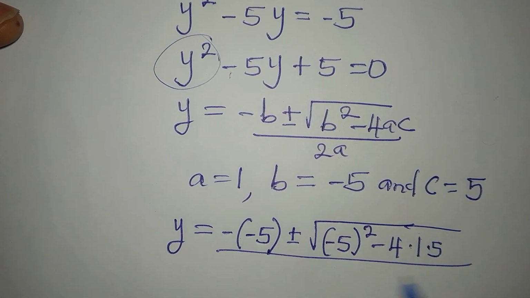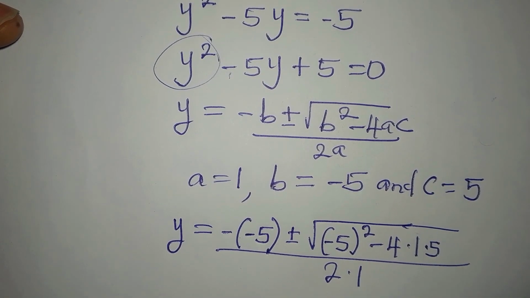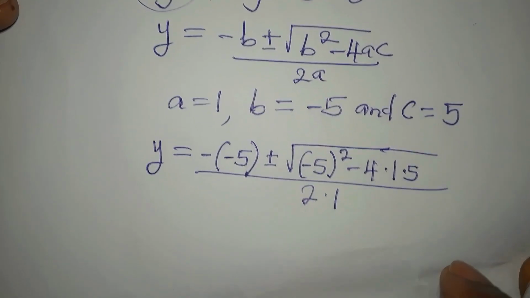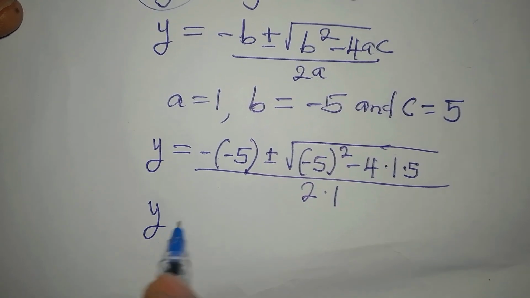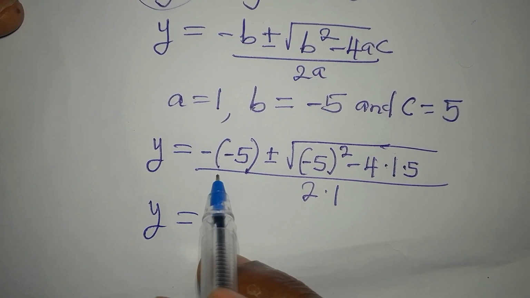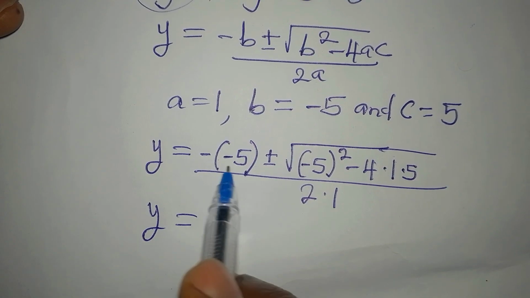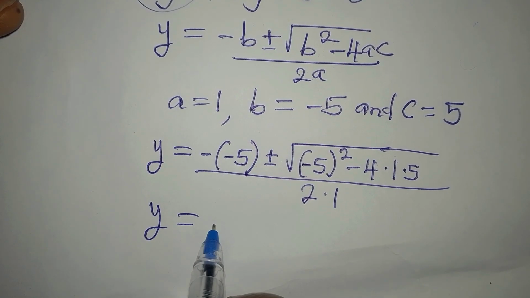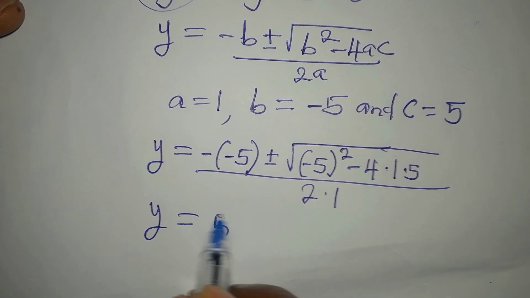So the whole of this will be divided by 2 times 1, and that will be 2, right? So now y is minus 5, minus times minus 5, we're going to have positive 5.